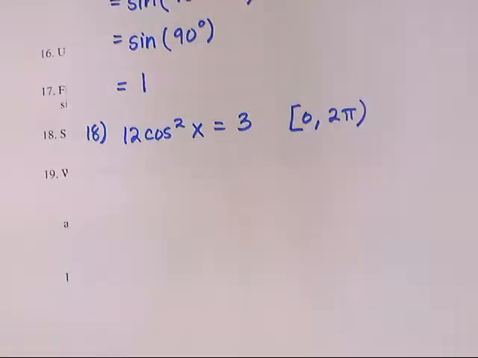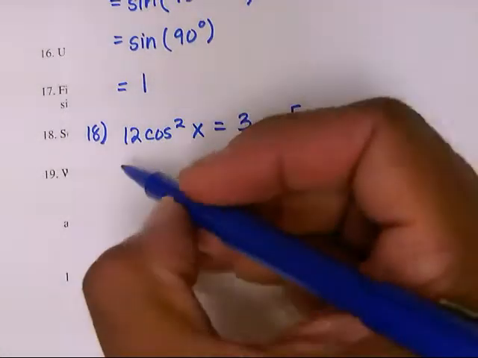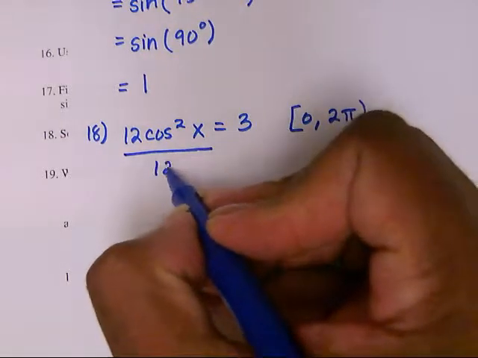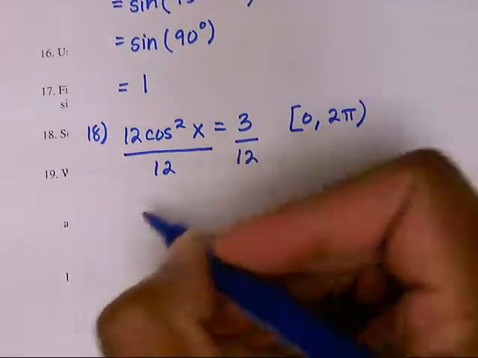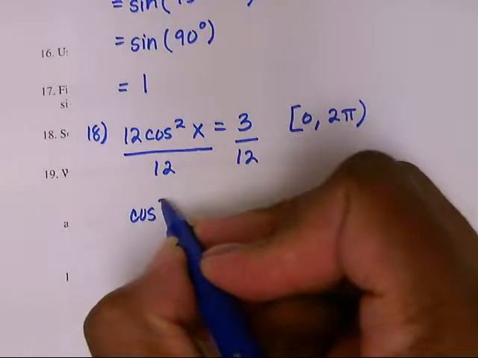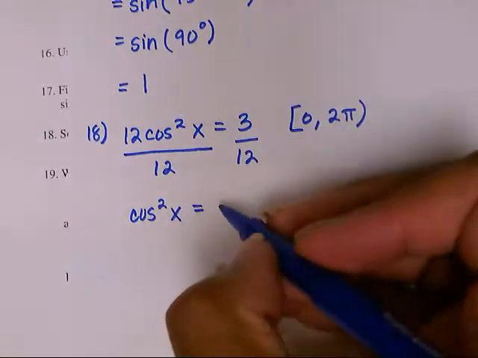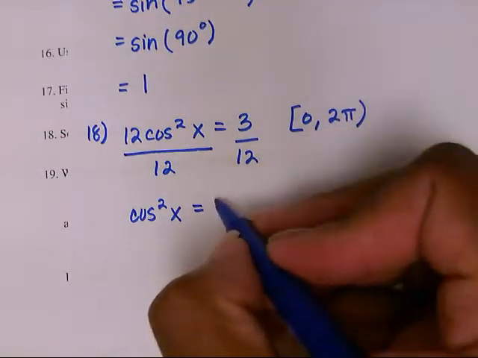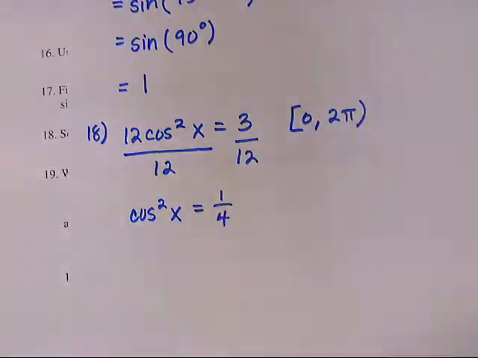In this case, we need to get the cosine of x by itself. We need to get rid of that 12 that's in front, so I'm going to divide both sides by 12. So cosine square of x is equal to 3 over 12, which I'm going to reduce to 1/4.